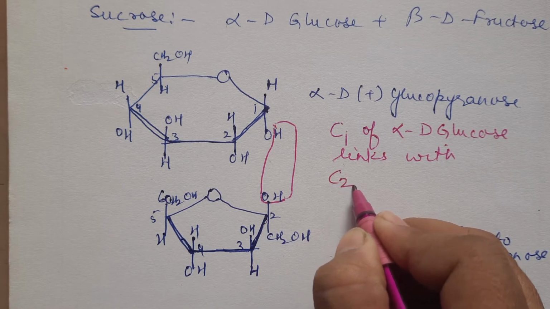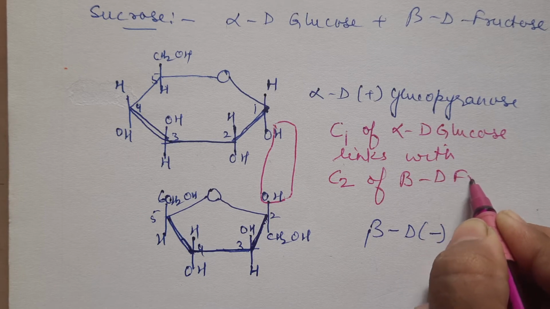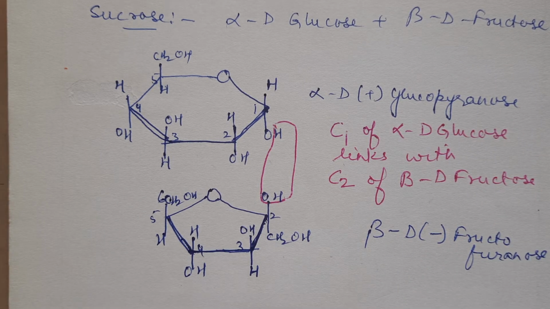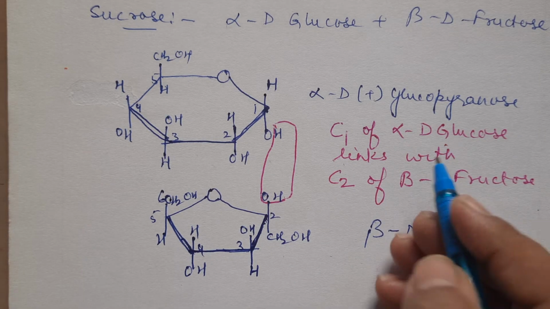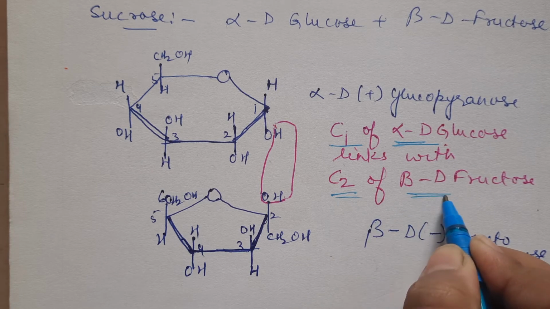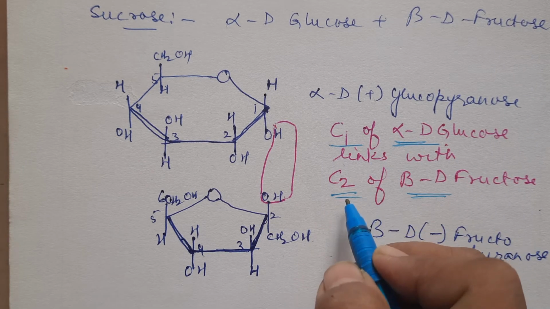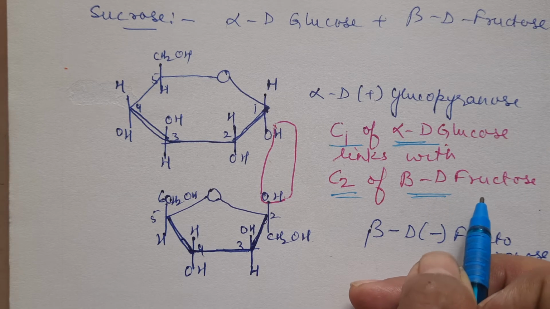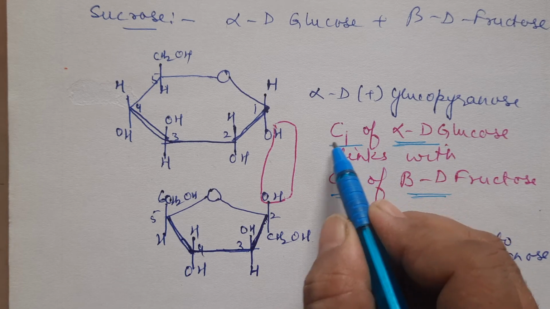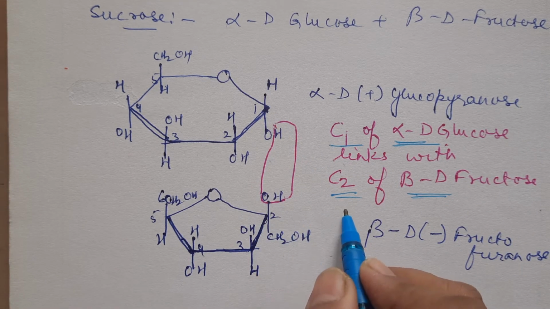So we'll write C2 of beta D fructose. The linkage between C1 of alpha D and C2 of beta D is very, very important. You cannot interchange. You cannot have C2 of alpha and C1 of fructose. It has to be C1, the first carbon atom of alpha D glucose, and the second carbon atom of fructose getting linked together.